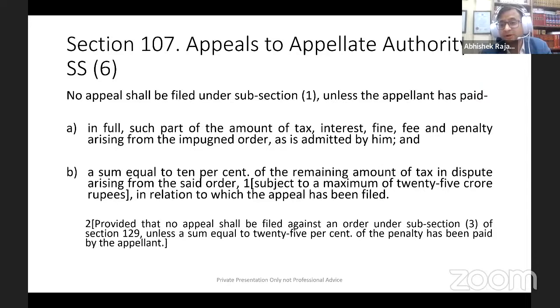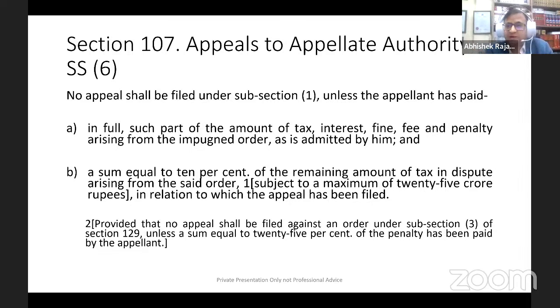What about interest and penalty? See, interest and penalty does not have any independent standing. Therefore, you would not be paying anything on that. And it would be automatically stayed.